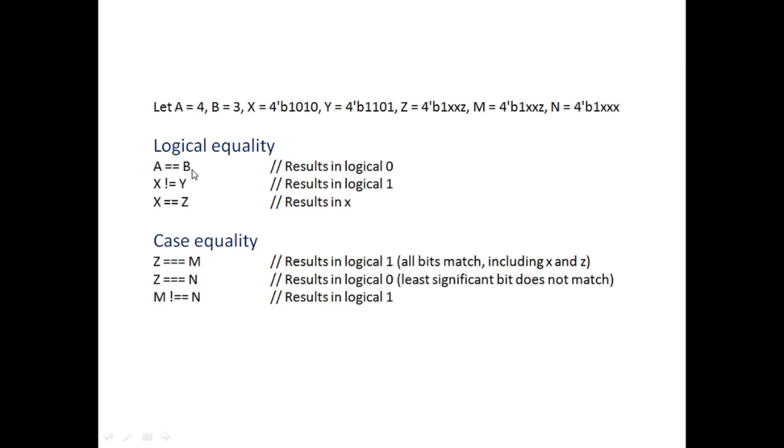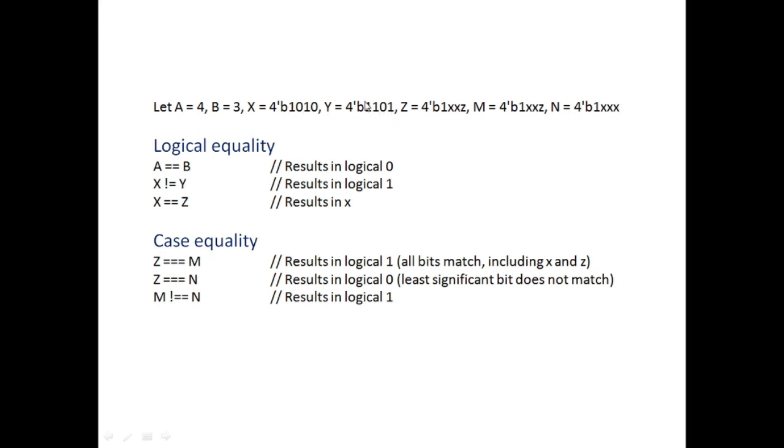Like logical equality, let me talk. A double equal to b: a is true, b is also true. Of course a equal to 4 and b equal to 3, both are true, that means logic 1 state. But logical equality: are they logically equal? Is 4 equal to 3? Never, it is not equal, so it results in logic 0. And x is not equal to y: x is 4 bit binary 1010, y is 4 bit binary 1101.